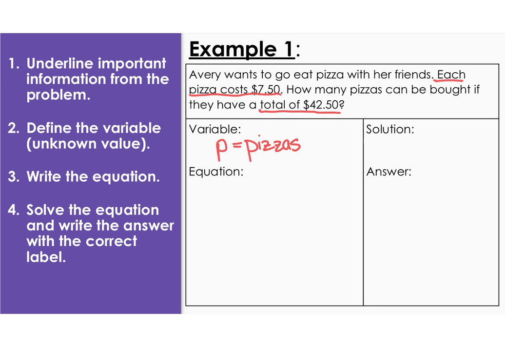Each pizza costs $7.50, so that would be $7.50 times pizzas, because remember, when you put a variable next to a number, that means multiplication. And that is going to equal my total.